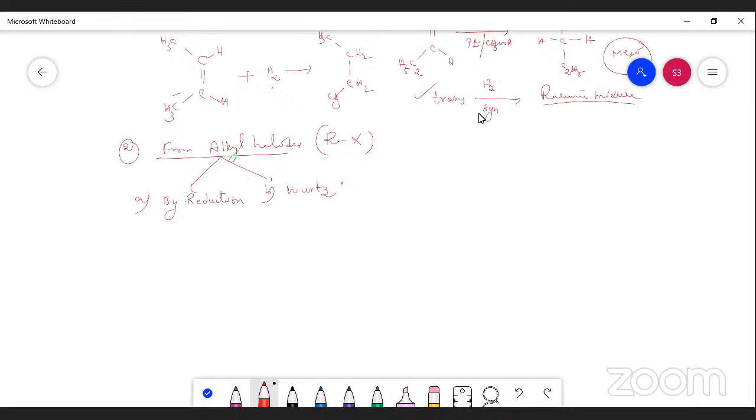Here the question is, what reducing agents do we use? We can use the following: zinc in the presence of HCl, or zinc in the presence of acetic acid, or lithium aluminum hydride, or sodium borohydride, or triphenyl arsenic hydride.